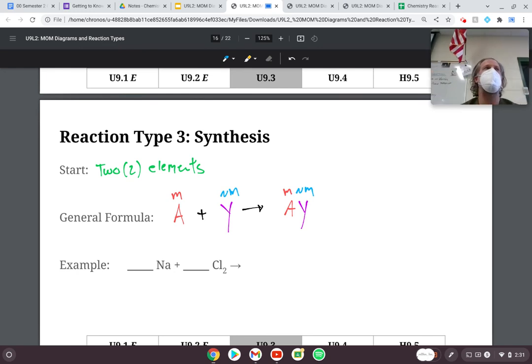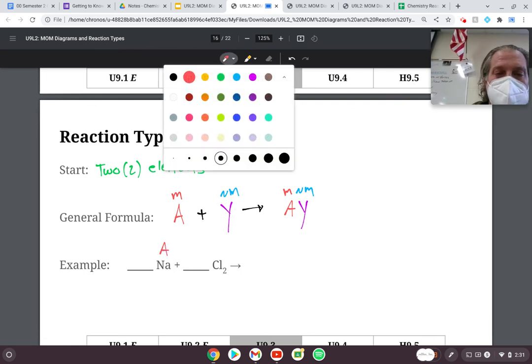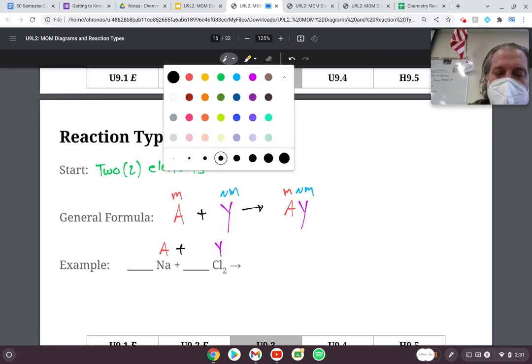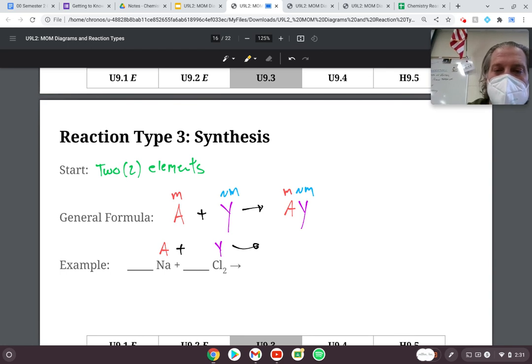And if you might recall, a metal and a nonmetal compound is an ionic compound, which means we're going to have to check our charges and crisscross them down. So in this example here, I'm going to put an A over the Na. I'm going to put a Y over the Cl. And on the other side of the arrow, I'm going to put AY together, like so.